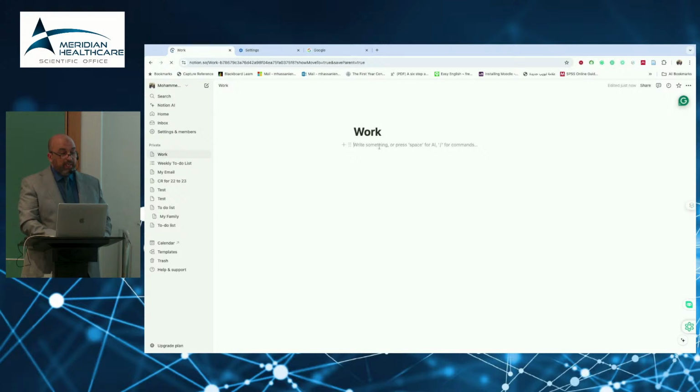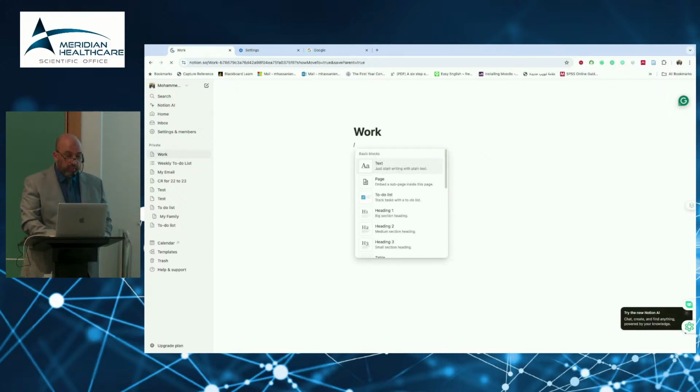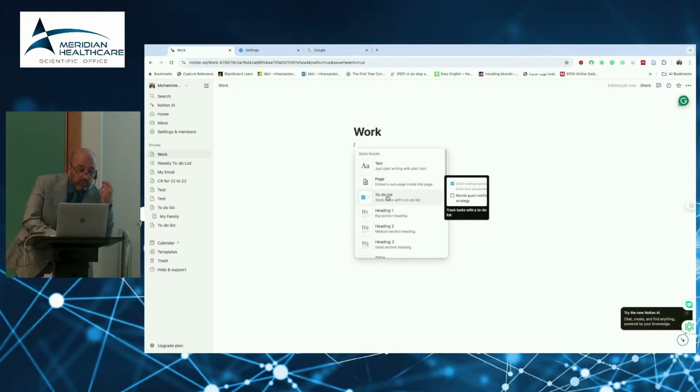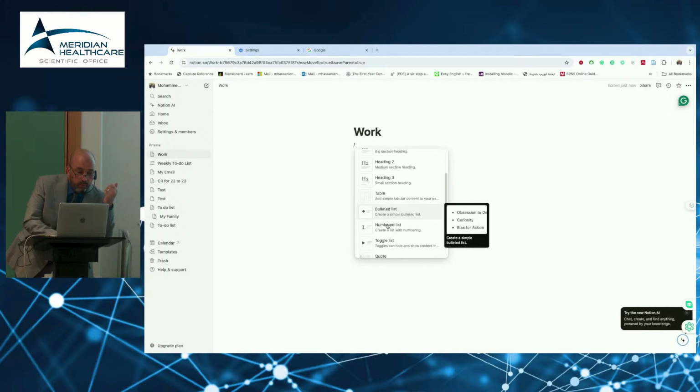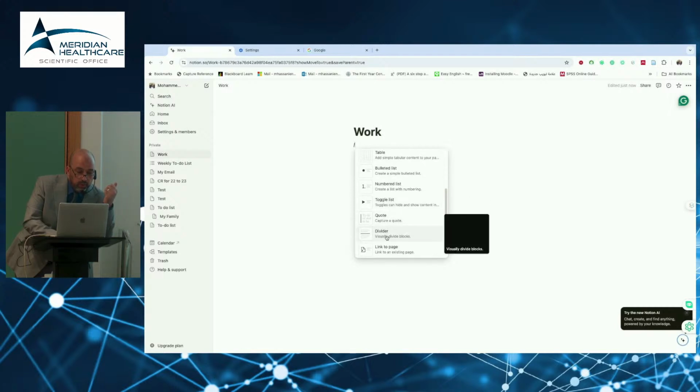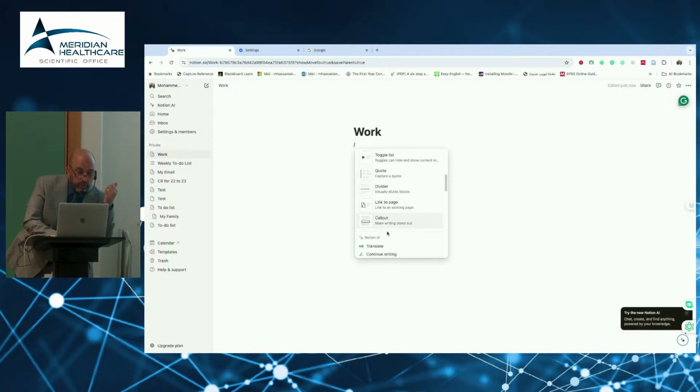And the key or the secret in using it is the slash. Just write a slash like this, then you will have the components that you can add. You can add text or another page, or add a to-do list, heading, subheading, table, bullet list, quote, divider, link to page. Then all these items are related to AI.